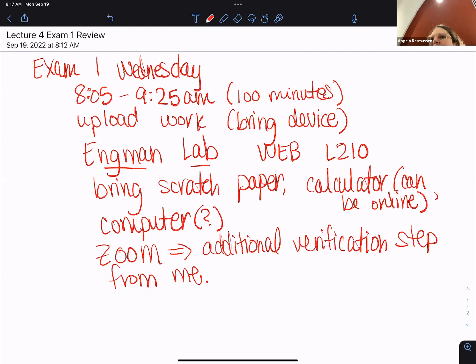A circuit simulator is the only thing you cannot use. Otherwise, I'm fine with you even using MATLAB. If you write a few little codes that you have saved, just make sure to take a screenshot of whatever you're using. And if you use an online calculator, take a screenshot of what the results are so that if a mistake was made there, you could still get partial credit for it.